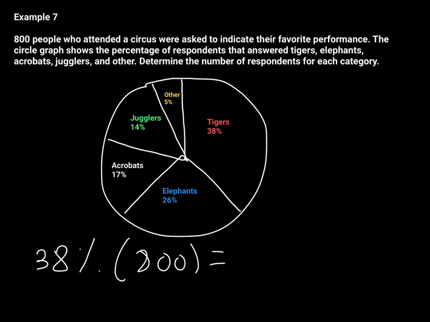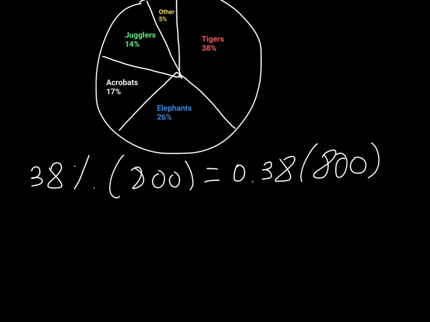Now, 38% as a decimal is 0.38 times 800. Okay. And so the number of people that like the tigers the most is 304. Cool? And that's what we'll do for each one.